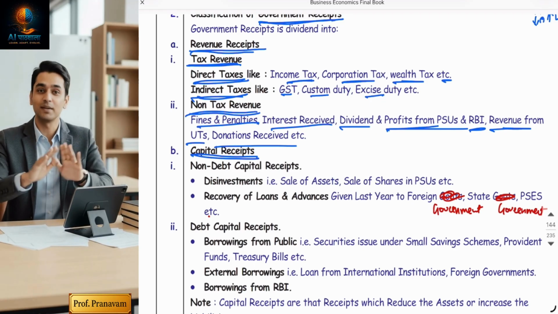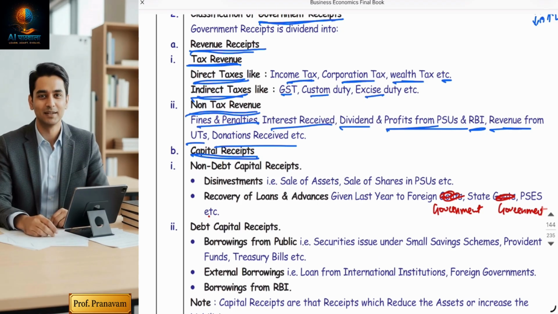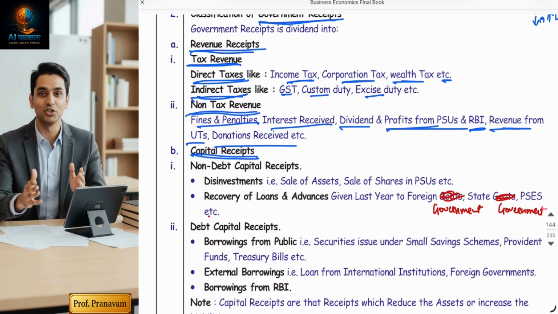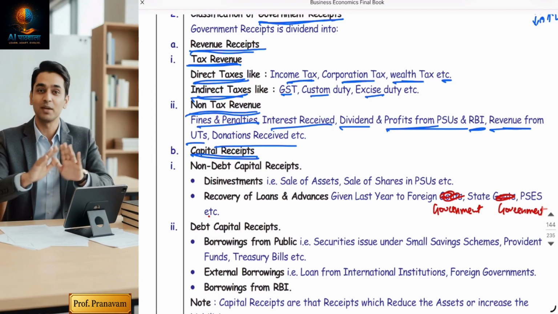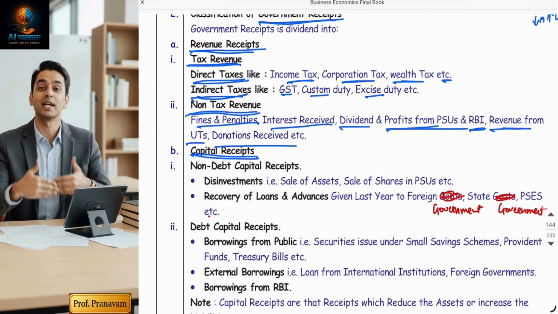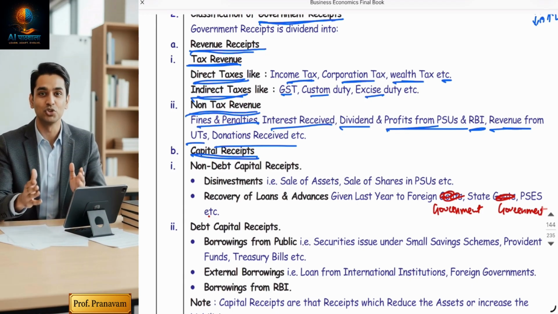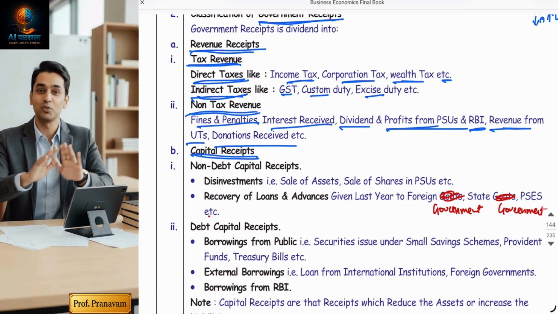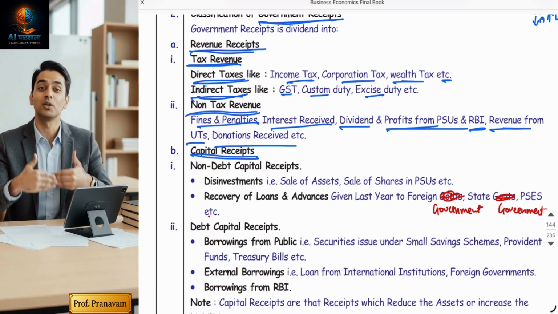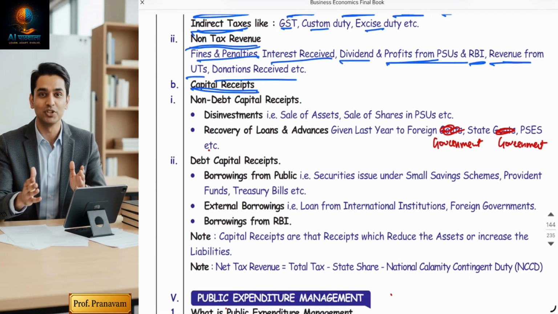The donations which a poor country receives are also a part of revenue receipts. There was a time when India was one of the poorest countries in the world and accepted a lot of donations. But today India is in a fabulous mode, and we have the capability to give donations to other poor countries. These are general examples.